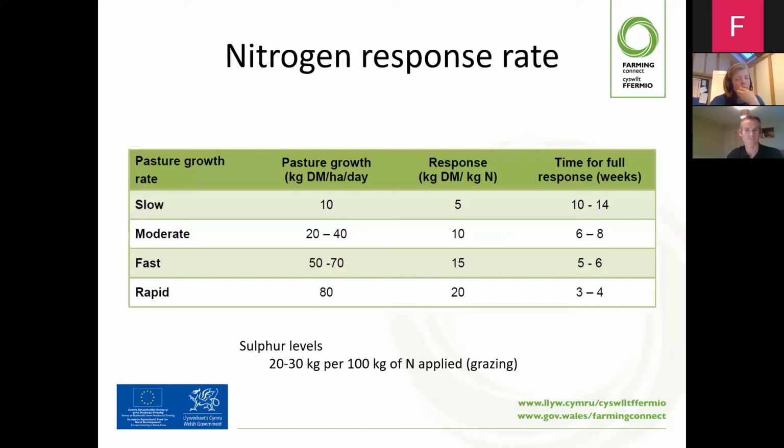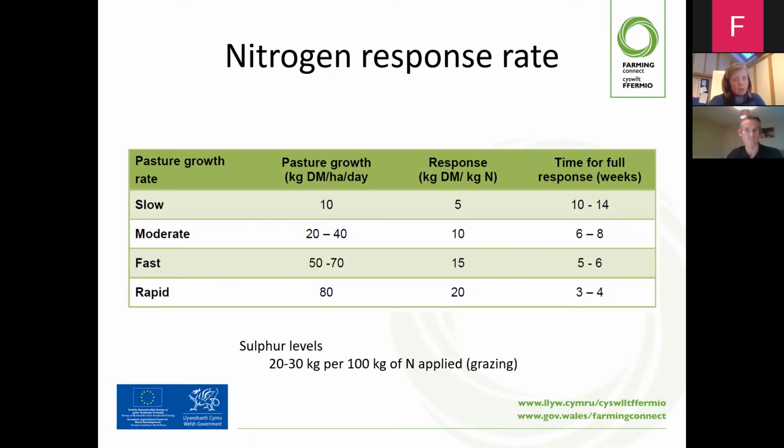And this information coming out of NZ, just the thing we've also got to remember is as grass starts to really motor, which we're getting at the moment, it's sort of about 30. So this is classed as moderate in terms of growth rates. For every kilo of nitrogen we put on, we're getting 10 kilos response rate. So we get a 1 to 10 response rate.